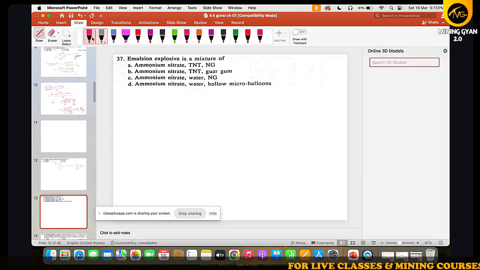Yes, emulsion, this is a mixture of two liquids.